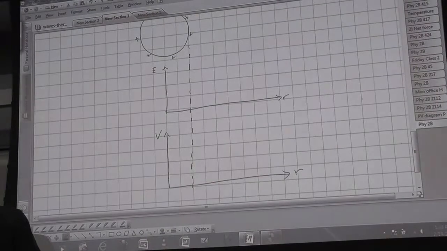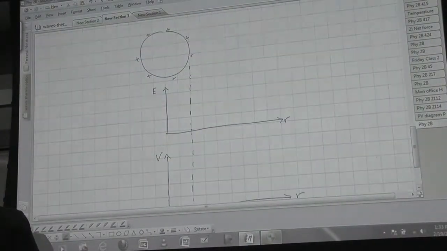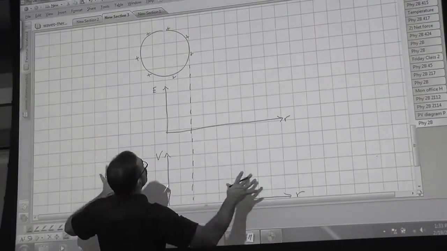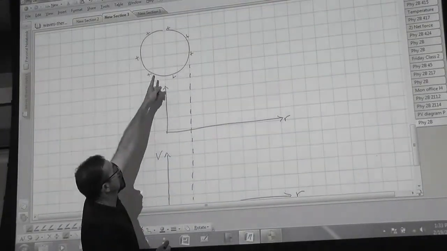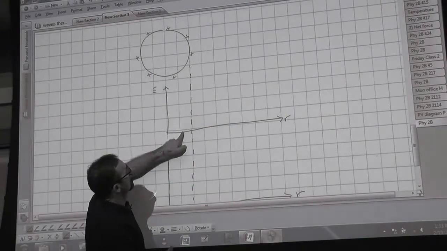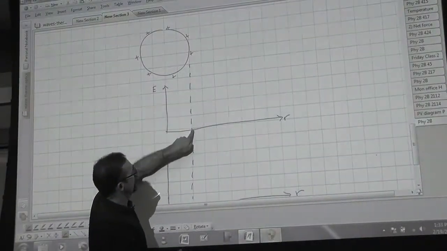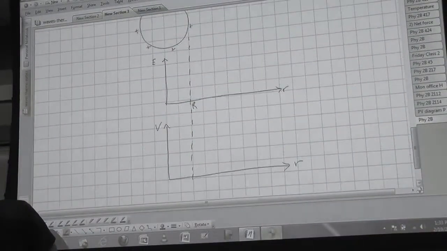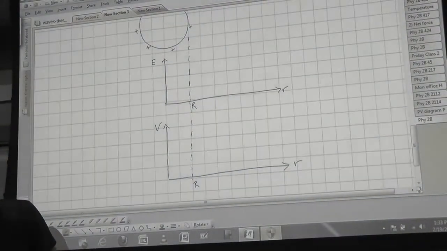You see what I'm doing? Here's our conductive sphere. It fills the space around it with an electric field. I'm sort of calling the center of that sphere r equals 0. And I'm going to plot, this is capital R right here, the electric field.